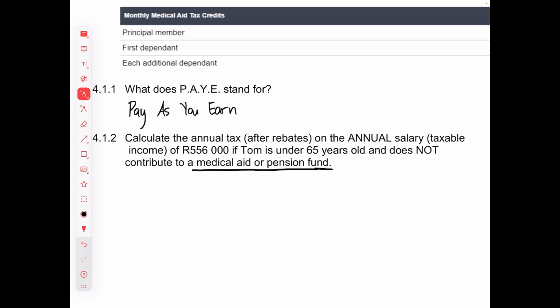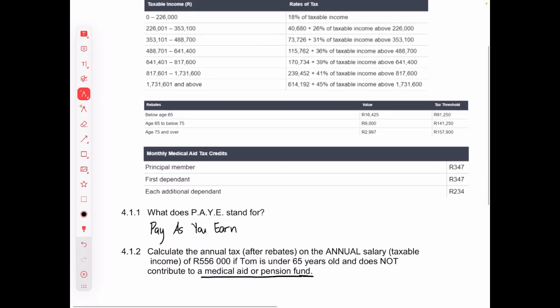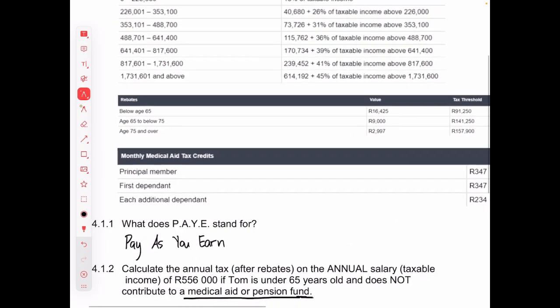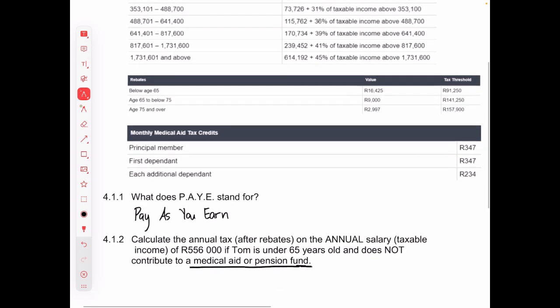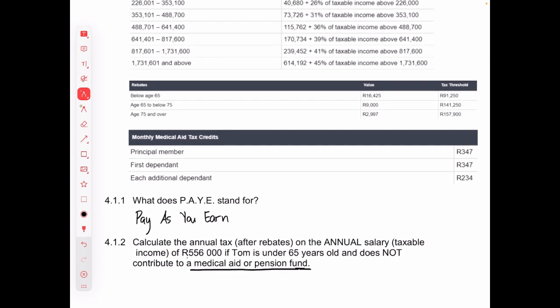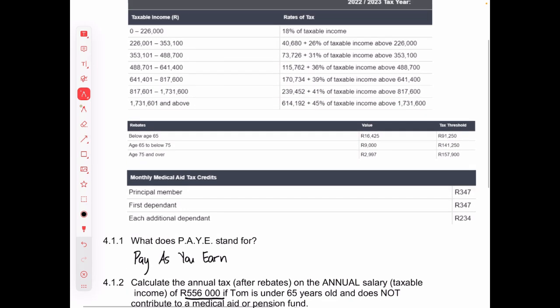So we're just going straight to working out our tax. So here we go straight to your tax table and you look for the salary, and the salary here is 556,000. So let's go up here and we can see that this is the tax bracket.